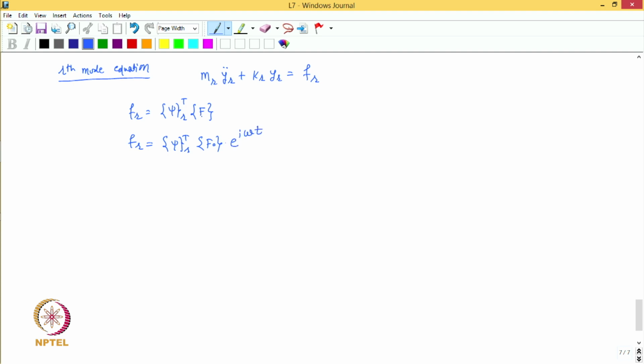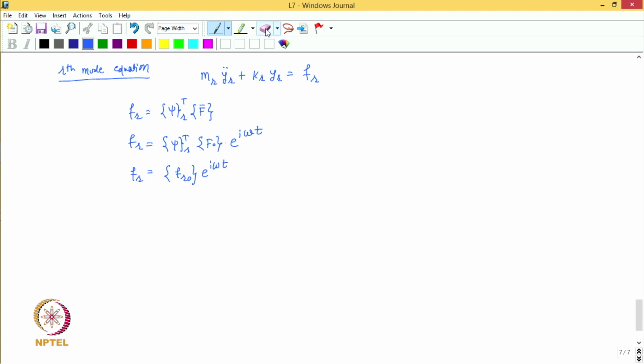So, we have replaced here the f by f bar. Maybe we can just put an overbar over this to indicate that now we are using the complex exponential force. If that is the case, then Fr would be psi r transpose f naught e to the power i omega t, and therefore, this quantity I can call as Fro, the amplitude of the rth modal force.